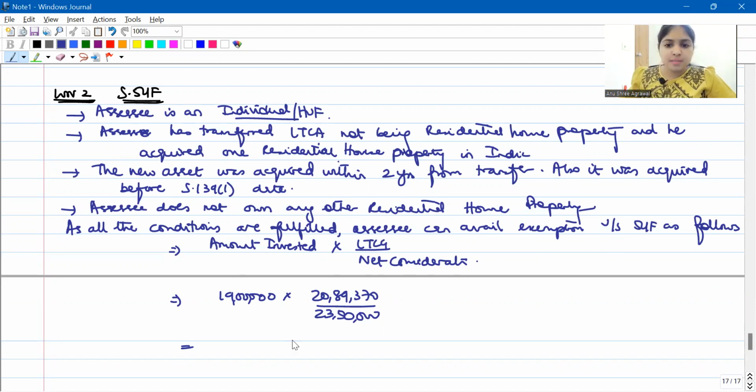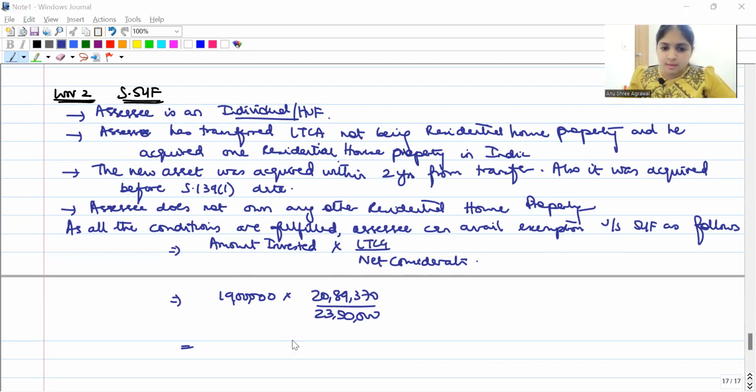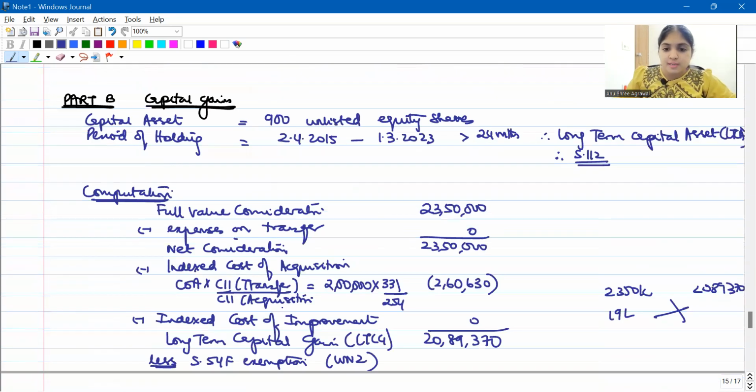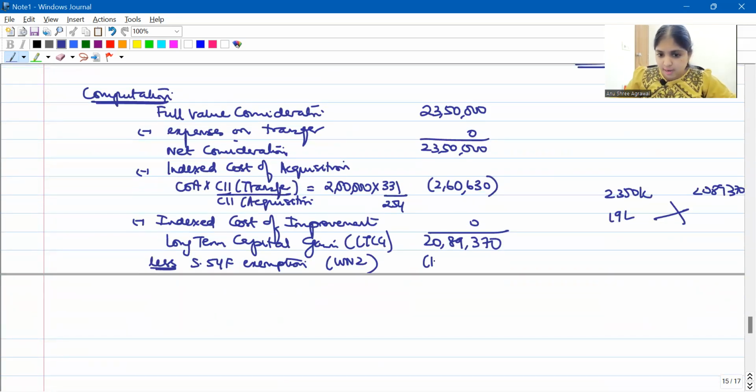Do you get this number? 16,89,278? Yes, perfect. Section 54F exemption, guys. The formula you have to use, proportionate exemption you give for 54F, 16,89,278. Okay, this is also done.